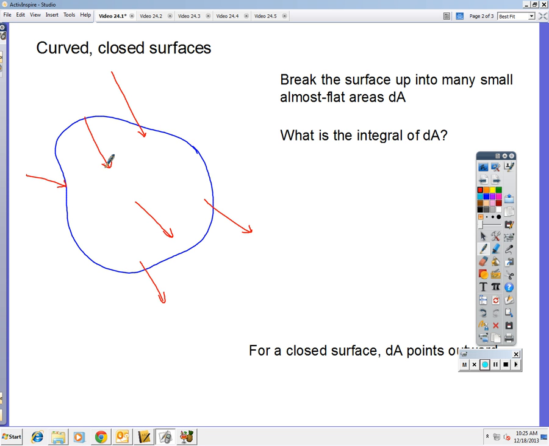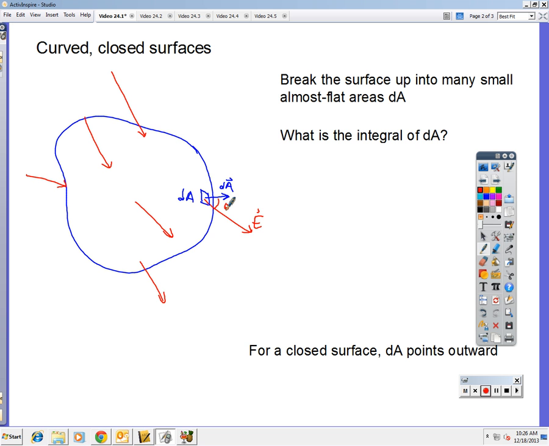What we'll do is break the surface up into many small, almost flat areas, dA. So that is dA right there. And dA can be written as a vector, where the area vector dA points perpendicularly outward, and that angle is theta.